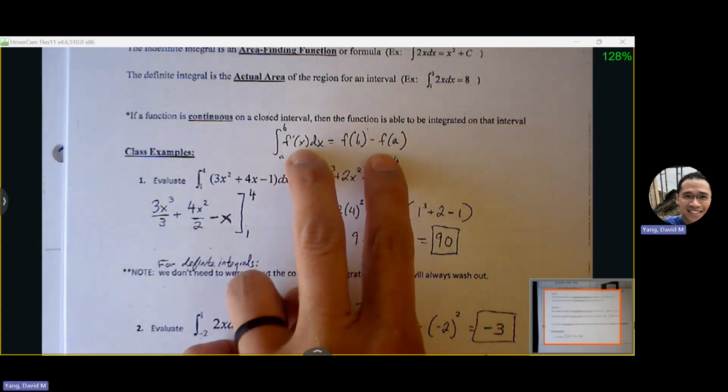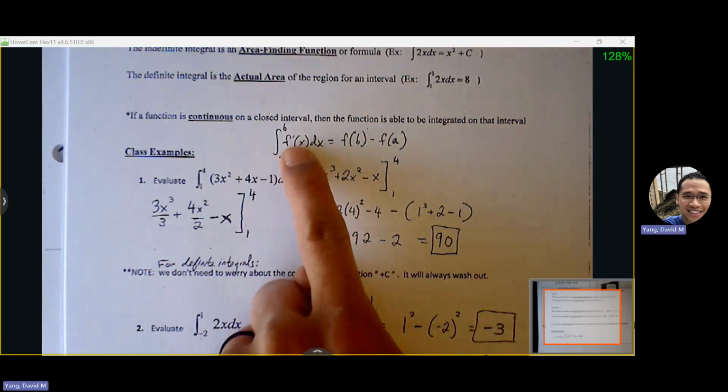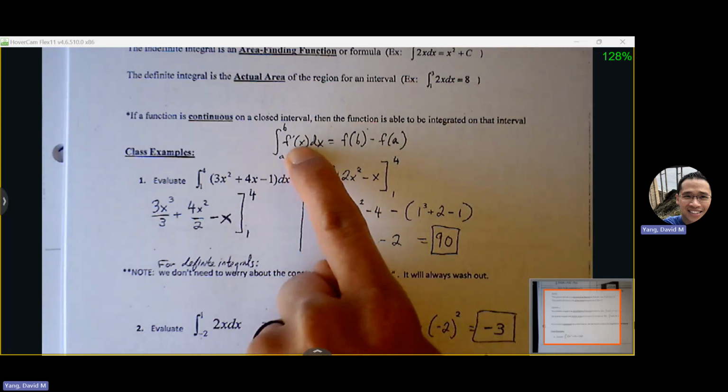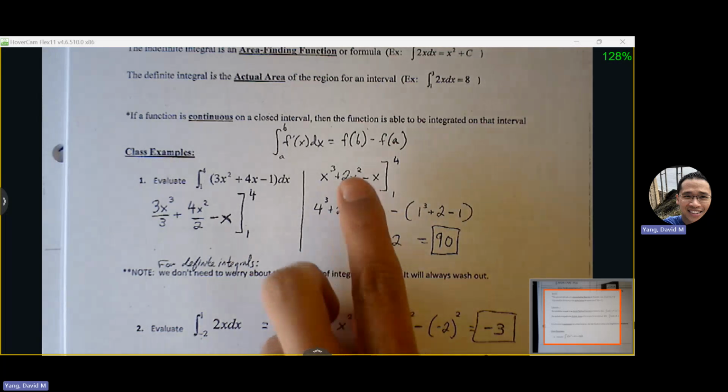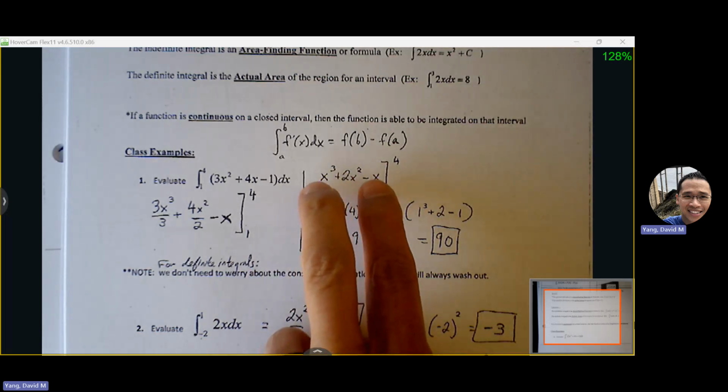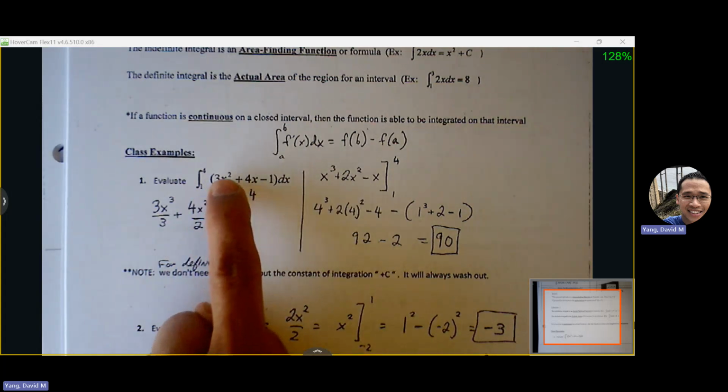So we're essentially applying this formula, right? We took the antiderivative, we made that original function rise up to the antiderivative, and then we plug in the upper and lower bound. So we're basically using this formula to tell us about the area under this original curve.